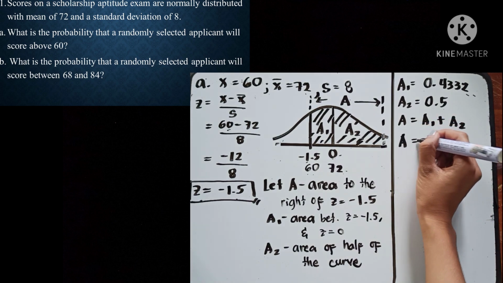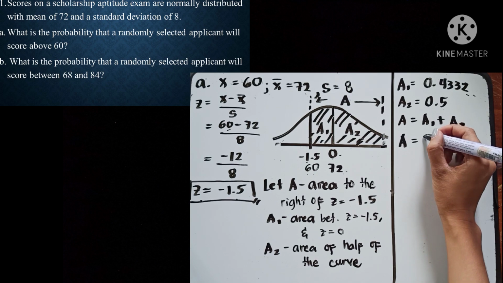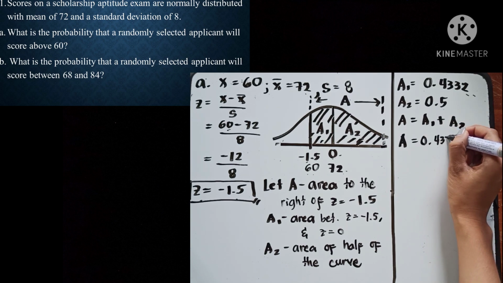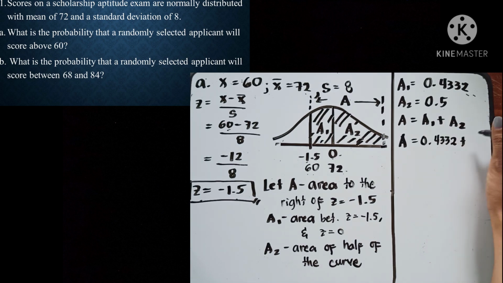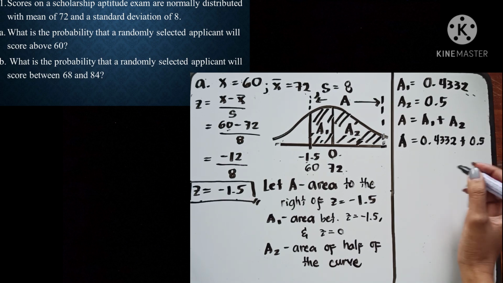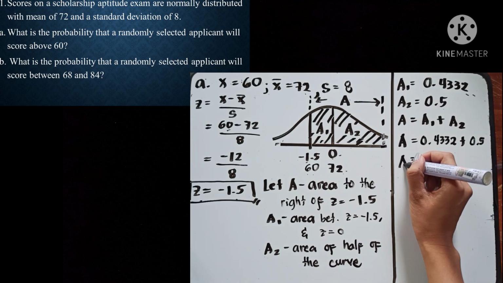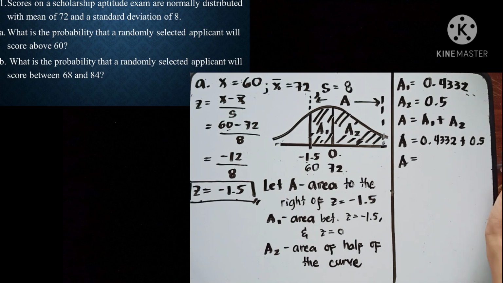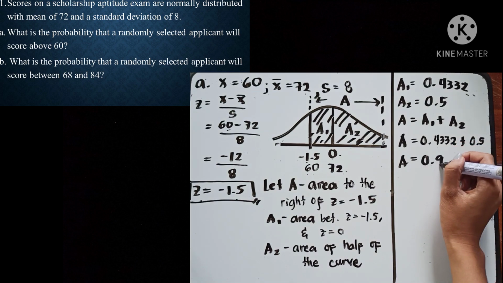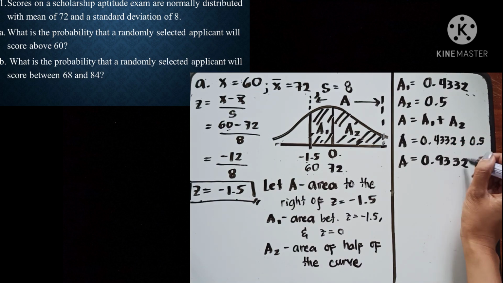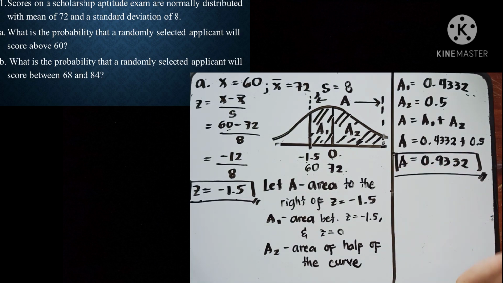So, now, A is equal to A sub 1 natin, which is 0.4332 plus A sub 2 natin, which is 0.5. And the answer is 0.4332 plus 0.5, that is 0.9332. So, this is the area.